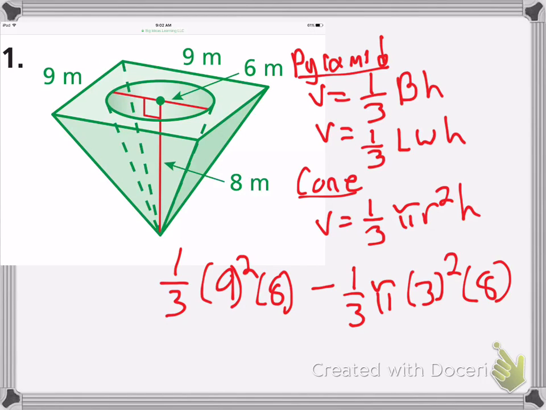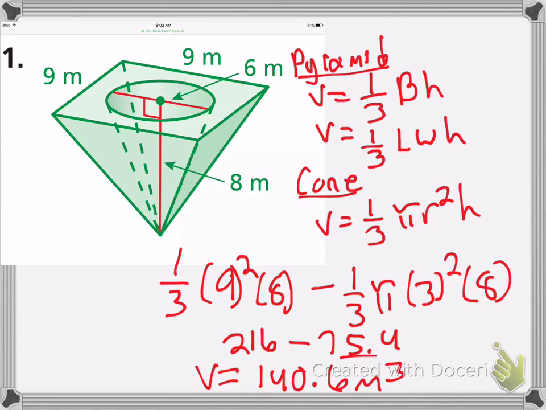So we end up getting 216 minus 75.4. And then in turn, our volume of this figure is going to be 140.6 meters cubed.